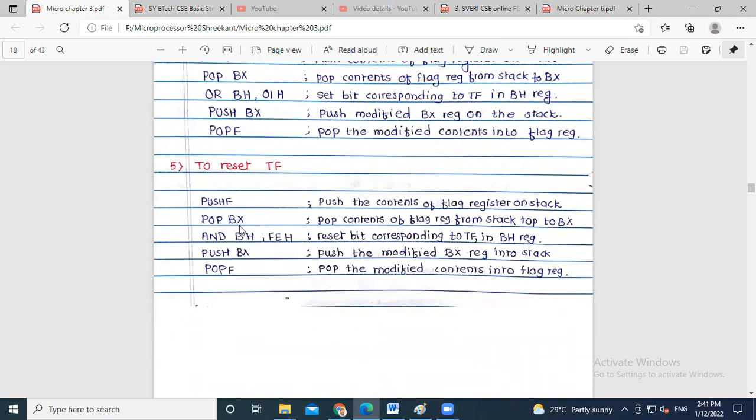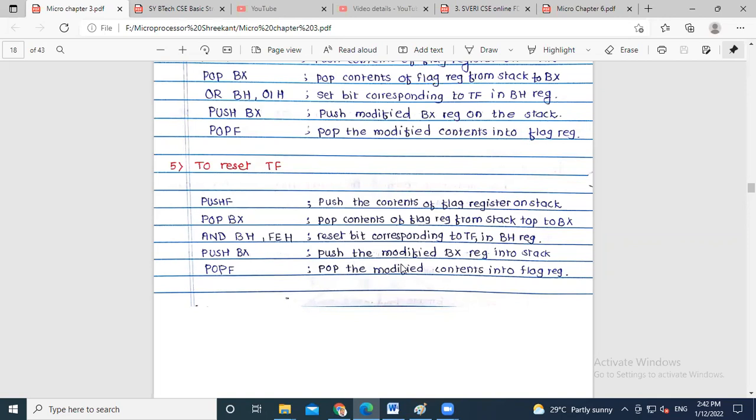So in reset trap flag, it is the reverse again. It pushes the contents of the flag register onto the stack, and pops BX, the contents of the flag register from the stack top into BX, and AND BH, FEH resets the bit corresponding to the trap flag in the BH register.